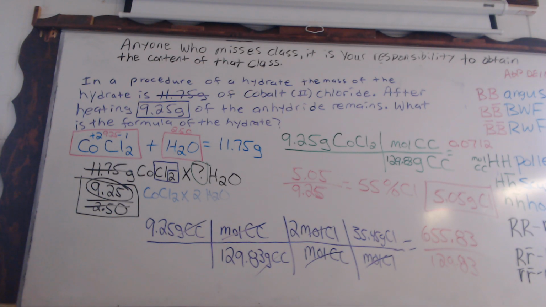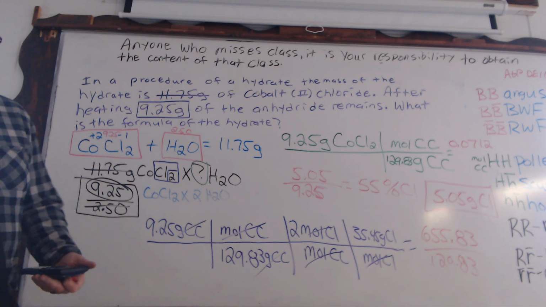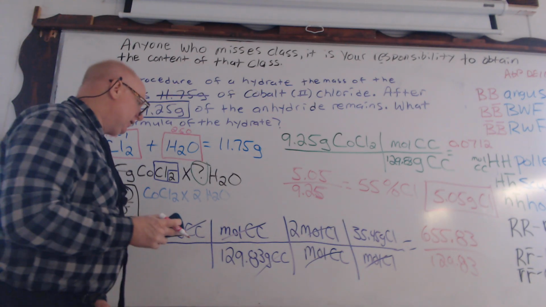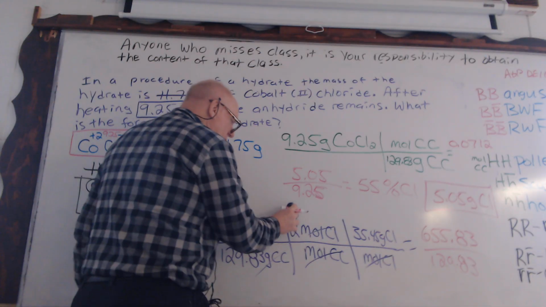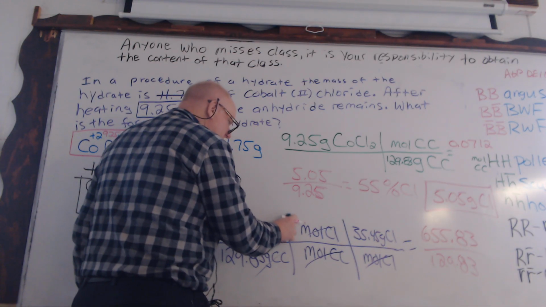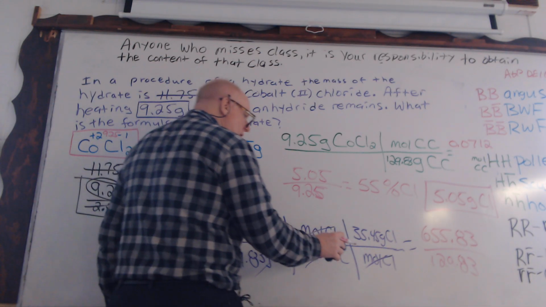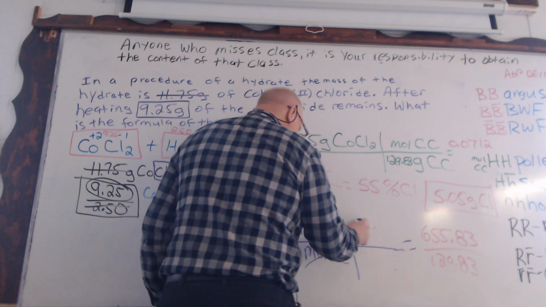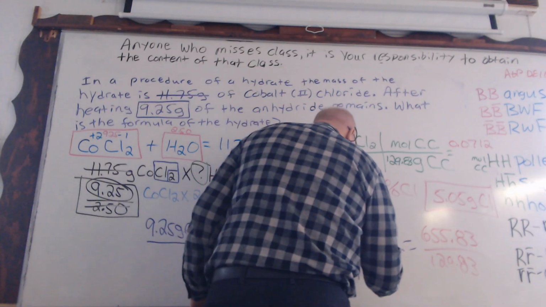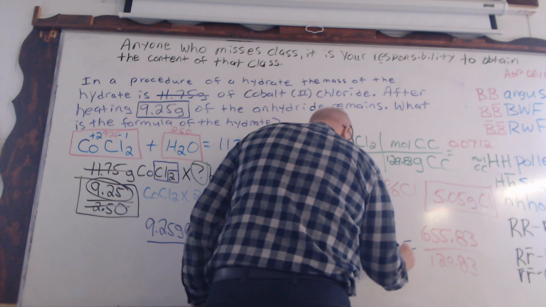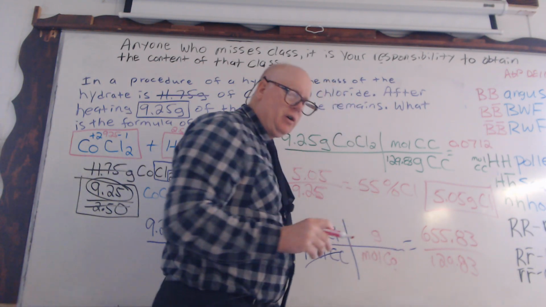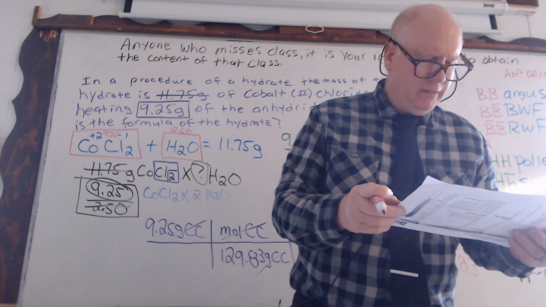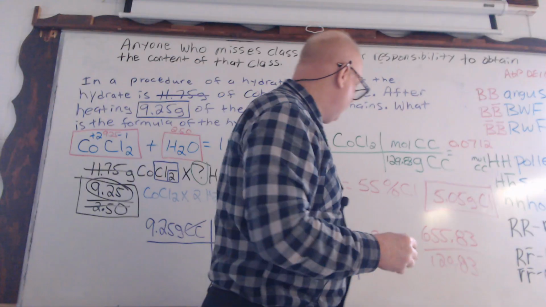Well, if this is a 100% sample, we can look at this and say, we're not changing a whole lot here. We're going to take this out, and we're going to take this out. We're going to take this out. Because what happens if we do a mole of cobalt, our grams of cobalt is 58.93.